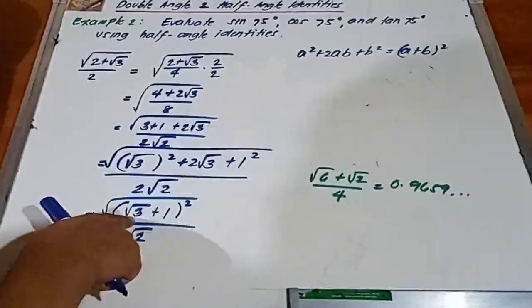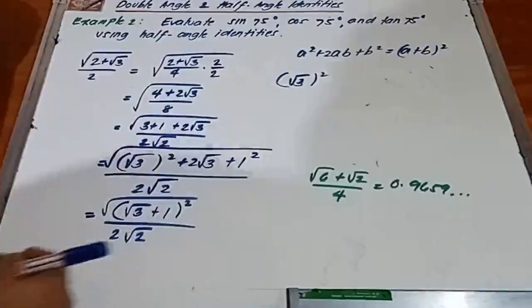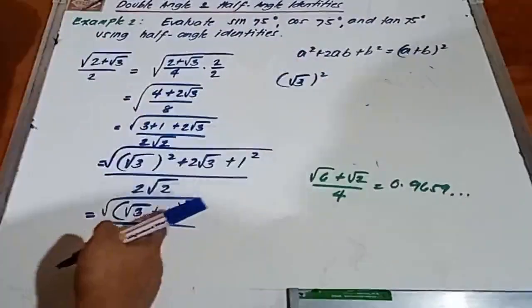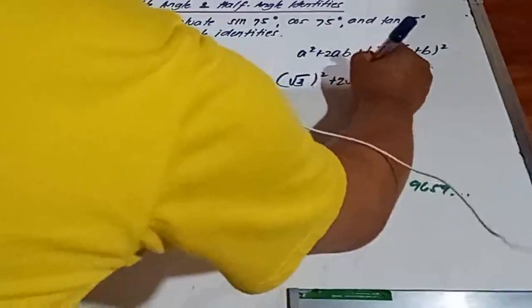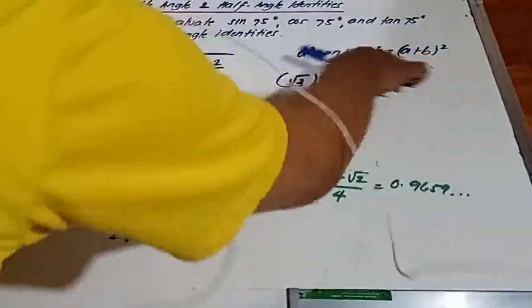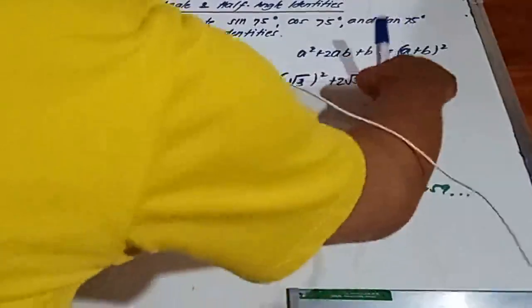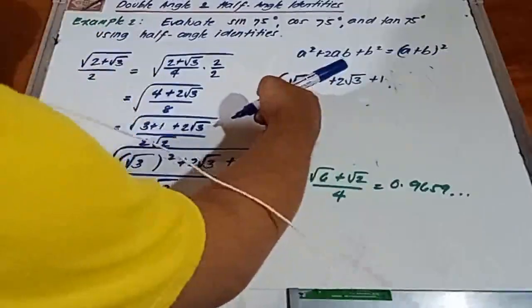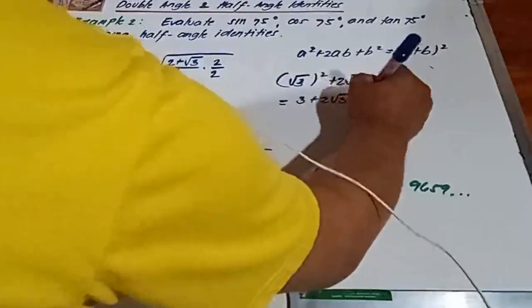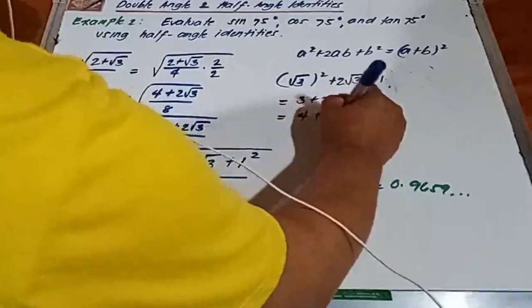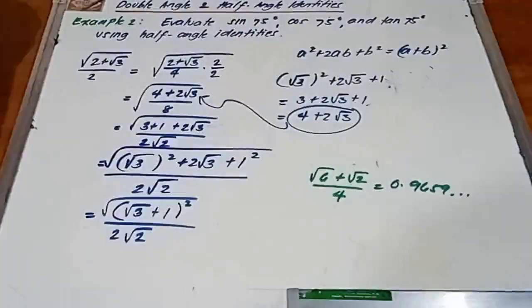Ang a natin ay square root of 3. Square of a, so that is square of square root of 3. And then 2ab. So, 2 times a times b, so that is 2 square root of 3. And square ni b, square ni 1 is 1. So, simplify natin, square of square root of 3 is 3 plus 2 square root of 3 plus 1. So, we have 3 plus 1 is 4 plus 2 square root of 3. So, parehas din yun. Okay? So, tama yung ating pagkakasimplify.